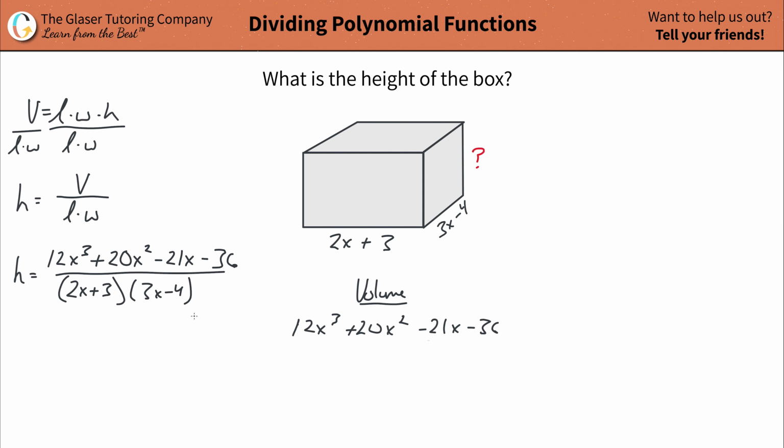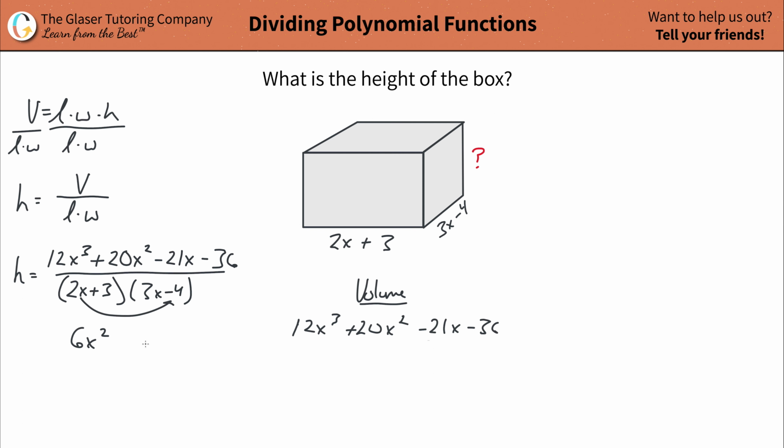Now to do this division, we're going to need to know how to divide polynomials by one another. So the first thing I'm going to do is turn this double binomial into one trinomial. Remember how we do that? We take the first term, multiply by the first term of the second binomial, so that's going to be a 6x squared.